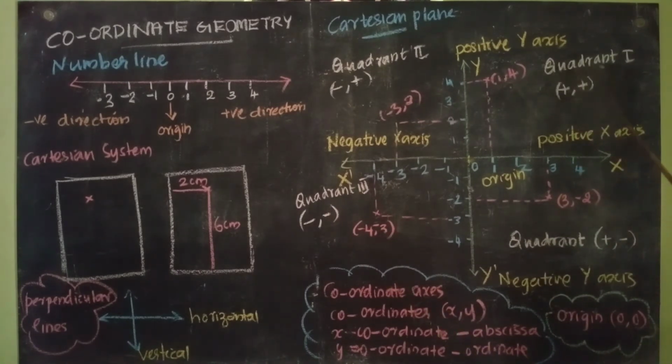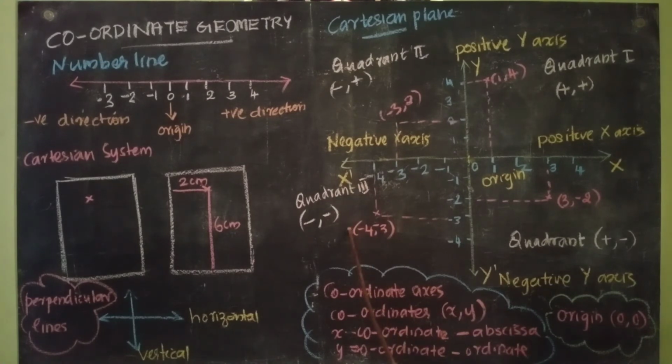Quadrant 1 is enclosed by positive x-axis and positive y-axis. So all the points in quadrant 1 are in the form positive, positive. You can see here both numbers are positive. Quadrant 2 is enclosed by negative x-axis and positive y-axis. So it is in the form negative, positive.